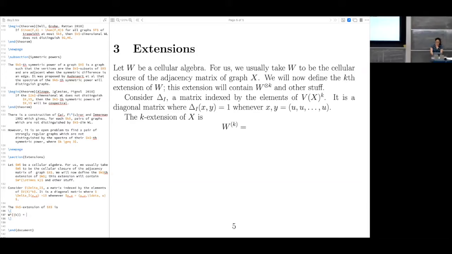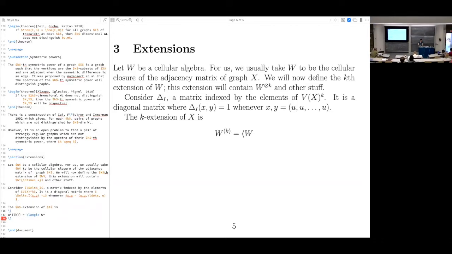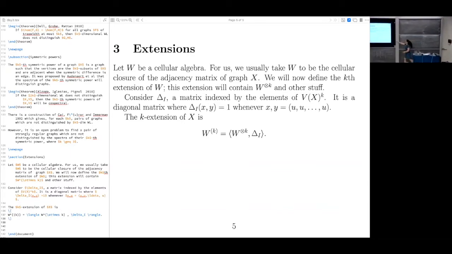So it is just the cellular closure of W to the k, the Kronecker product as previously defined, and this extra matrix. One thing to note is that this is much bigger than this first factor here. When you take this diagonal matrix and multiply it with stuff that is in the tensor product of the cellular algebra, you get a lot of new things.